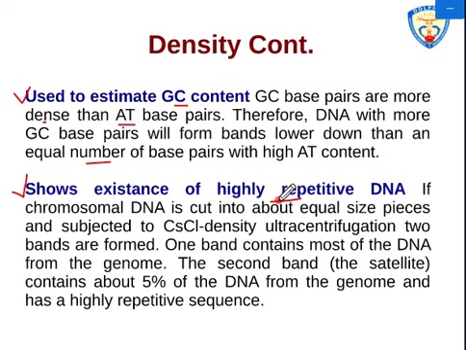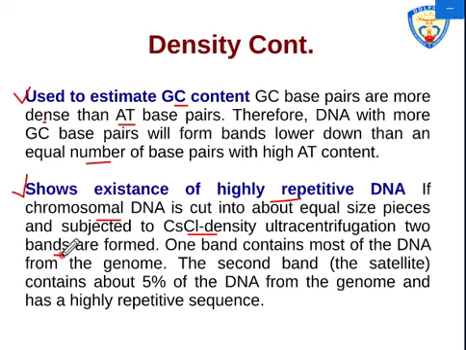How many highly repetitive DNA sequences are present in the sample can also be found out by the density gradient centrifugation technique. Here, the chromosomal DNA is cut into equal size pieces, and then they are subjected to cesium chloride density gradient centrifugation.